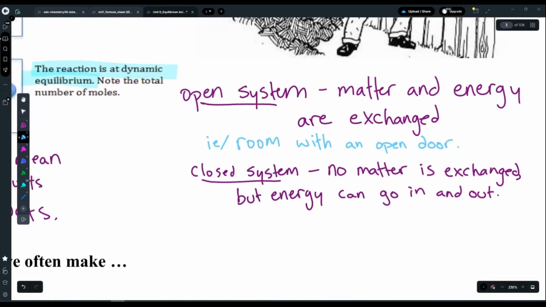So an example of a closed system would be something like a battery, right? You can't put any matter into a battery. However, the battery can be used to charge something, or if it's a rechargeable battery, you can put it into the battery charger and energy can go back into the battery.